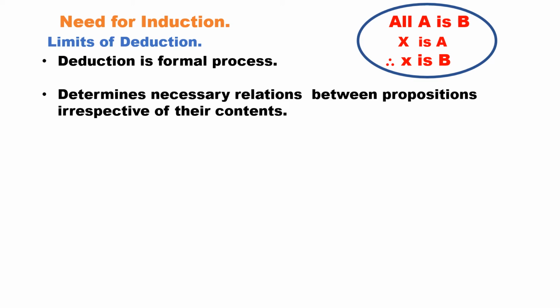There is a necessary relation between the premises and the conclusion, that of implication, irrespective of their content, meaning irrespective of what the argument is made about. It does not depend upon the subject matter about which the argument is made. The relation does not depend upon the content.